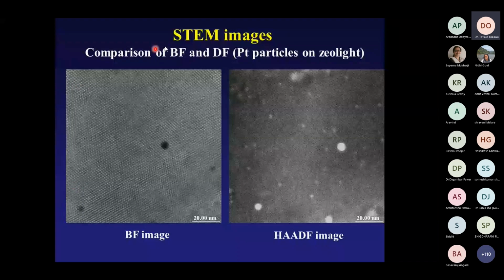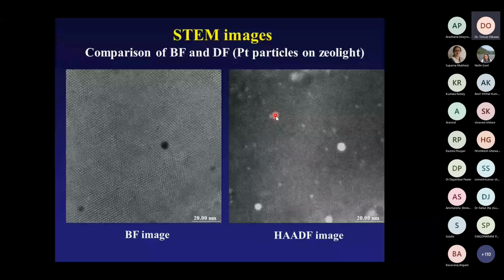But in dark field STEM imaging, white contrast corresponds to the heavy element platinum, because the heavy element scatters electrons to a much higher angle. And also a small particle, comparing the scale marker, this is a 20 nanometer scale marker, a small spot corresponds to about 1 nanometer or less.